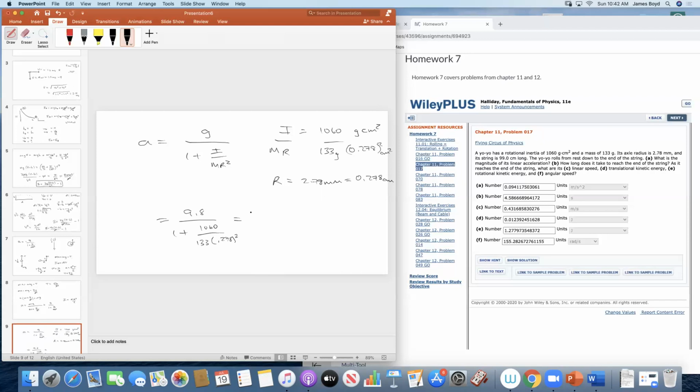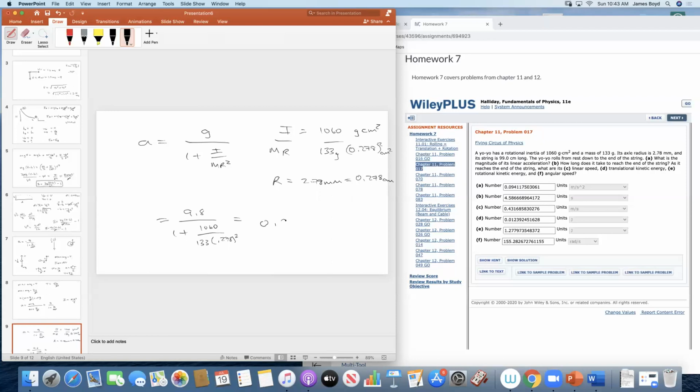If I do this, 1 plus 1060 divided by 133 times 0.278 times 0.278 is 104. 9.8 divided by this answer is 0.09411750031, which is exactly what they got.